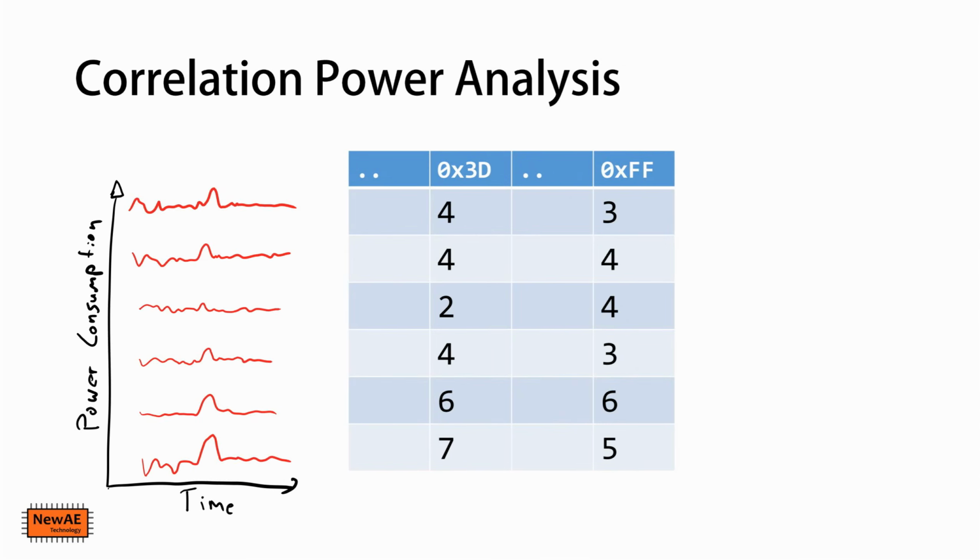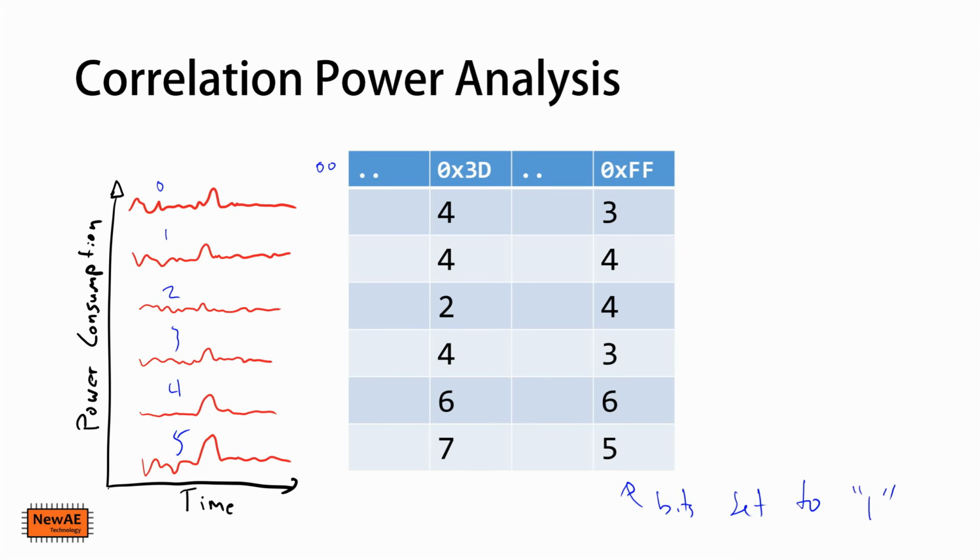So going back to our attack, we have our power consumption measurements, if you remember. This was the measurement 0, 1, 2, 3, 4, 5. And now we have our guesses. This would have started at 0, 0, and it's just the guess of the number of bits set to 1, which will also be called the Hamming weight.